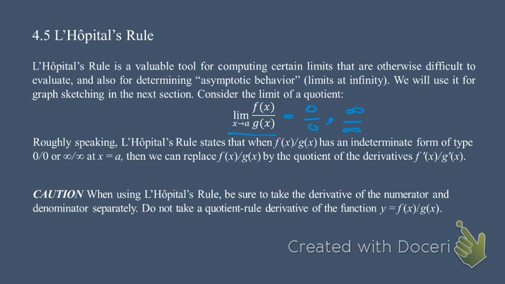We can rewrite this as the limit as x approaches a of the derivative of the numerator over the derivative of the denominator. Keep in mind, this is not the quotient rule, even though it's a quotient. You take the derivative of the numerator and the derivative of the denominator, and the limit of this new function will give you the same limit.